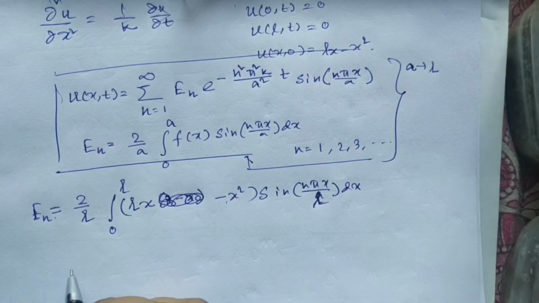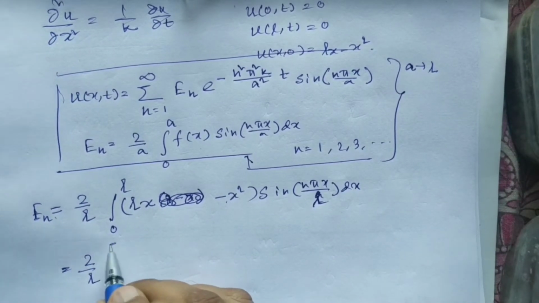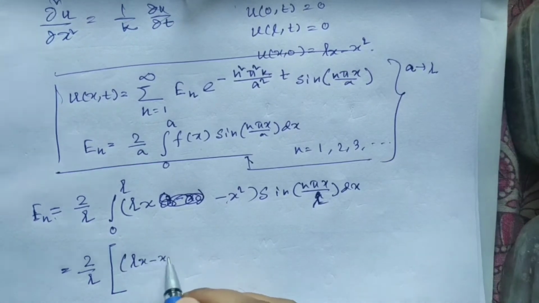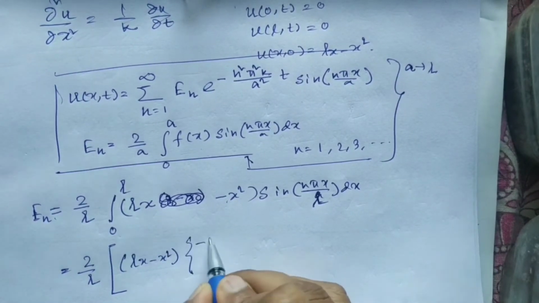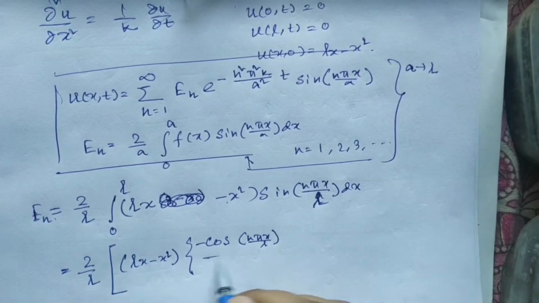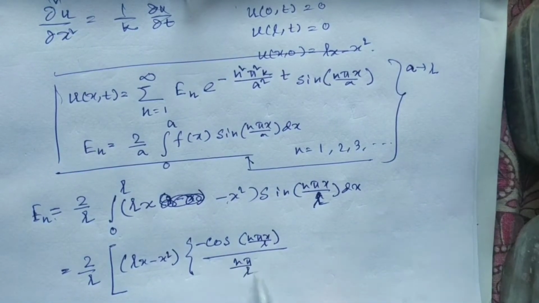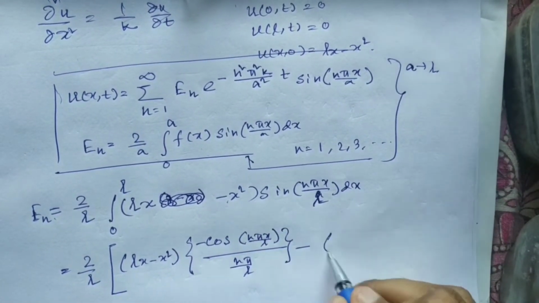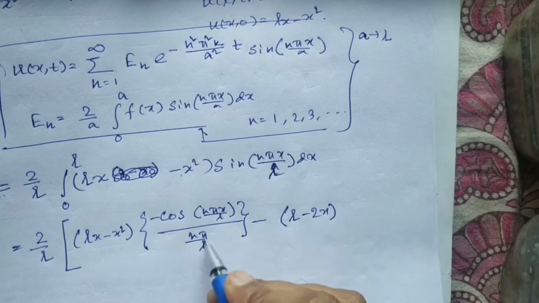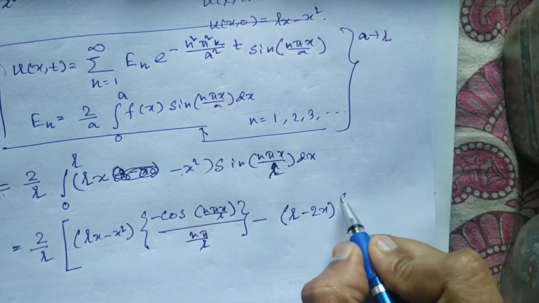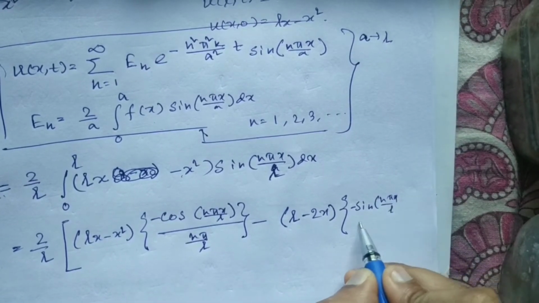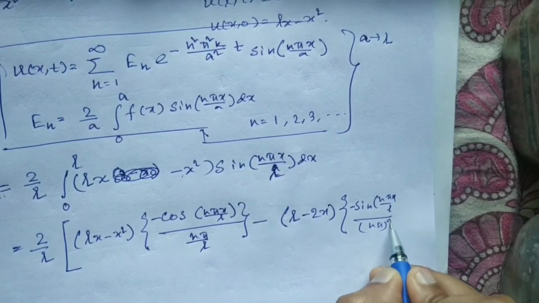So this is 2 over L, the first term is Lx minus x square times minus cos n pi x over L by n pi by L, minus L minus 2x, that is the differentiation of this term, and again integration of this part. So this is minus sine n pi x over L by n pi over L whole square, because two times integration is being done.